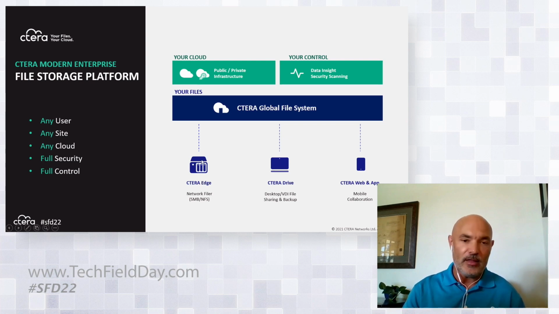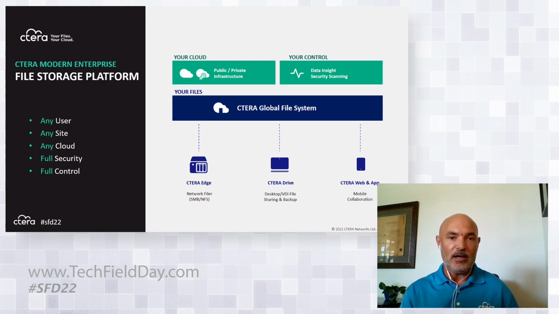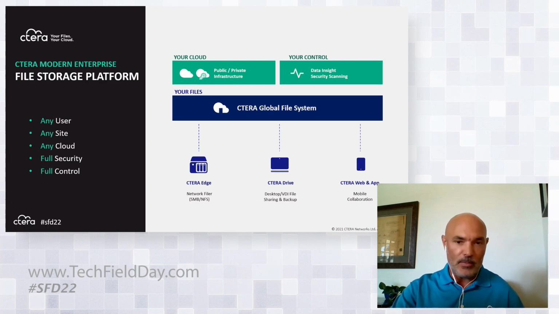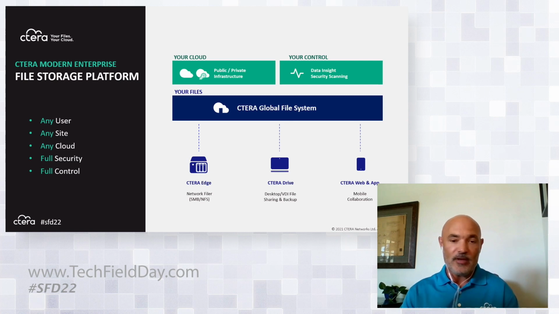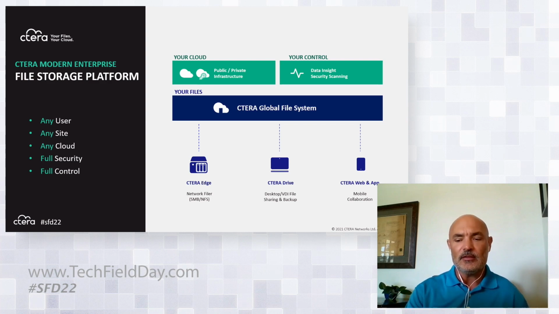The CTERA edge filers, which give you SMB or NFS presentation of the global file system. They're caching appliances, and he went through all of that. We have the CTERA Drive. This is an agent that you would put on a host, whether that's a laptop, Mac, Windows, or Linux server, and it basically does sync and share.